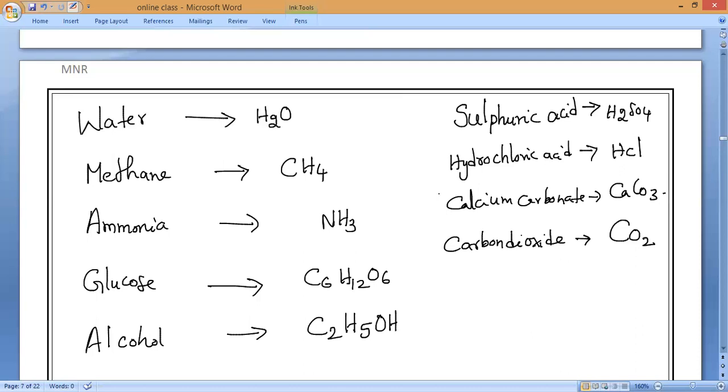Now, in today's class, we are mainly going to concentrate on the chemical formula of some ionic compounds, by the method called the crisscross method. We will solve many examples and many chemical compounds to make you better.